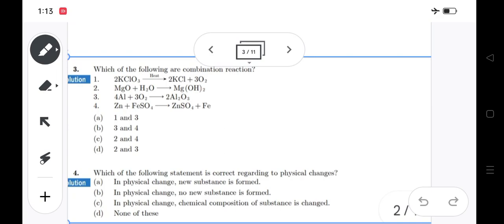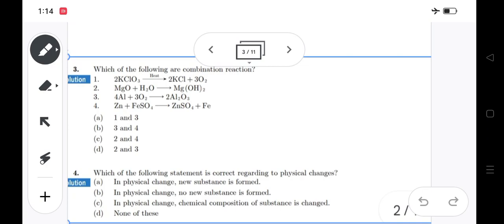What about the second one? MgO plus H2O gives Mg(OH)2. Yes, here it satisfies. Two reactants, single product. And the third one, Al plus O2 gives Al2O3. Yes, the third one is also a combination reaction. And what about the fourth one? Zinc reacted with ferrous sulfate gives zinc sulfate and iron.